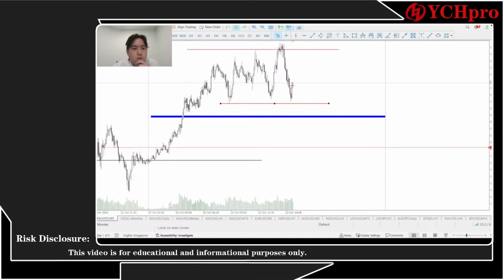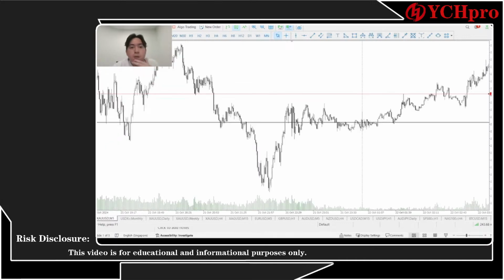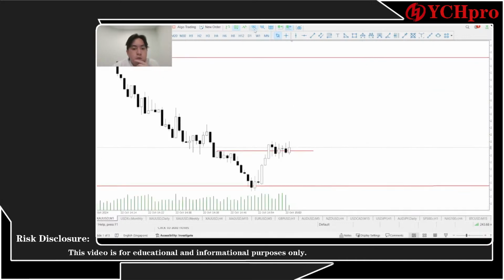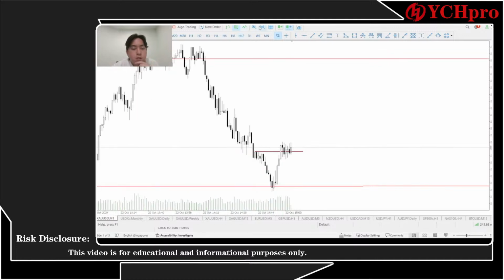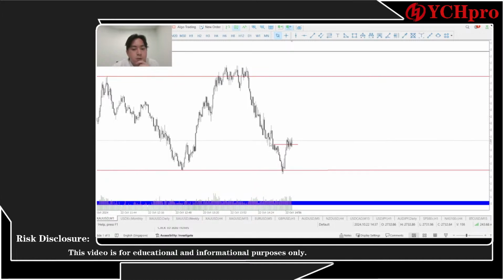Let's see. This is 50 minutes. If that really happens, going back to the 1-minute charts and see how the market reacts. This one, we can actually try to do long positions, but I think we need to wait another 5 to 15 minutes and see how it turns out.